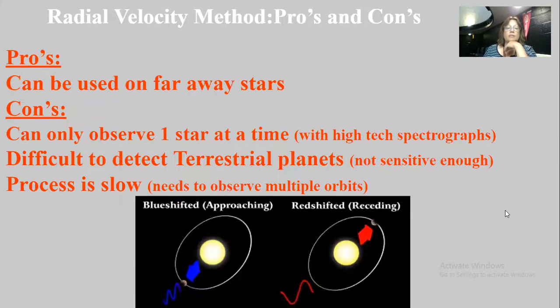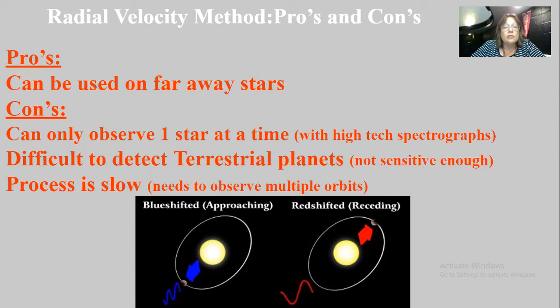All right, so what are the pros and cons of this method? The pros are that the radial velocity method can be used on faraway stars. Our equipment has been fine-tuned enough to pick up red shifts and blue shifts of faraway stars. Using the astrometry method by itself, that doesn't work.